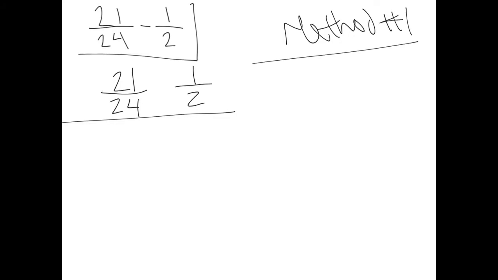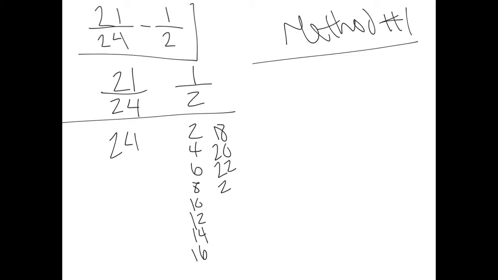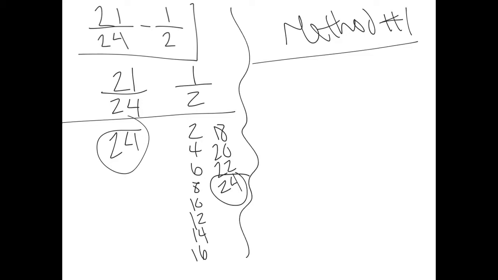So we always start off with the first number, and I think 24 should be big enough. Then we're going to do 2, 4, 6, 8, 10, 12. So they have their least common multiple.